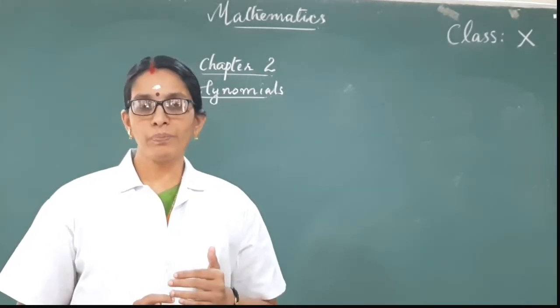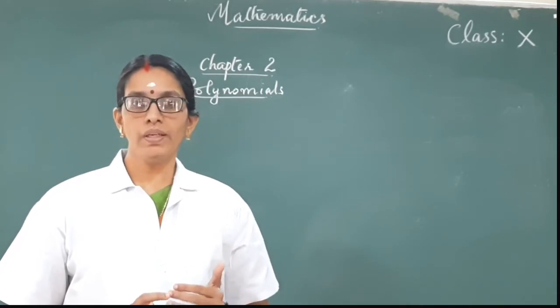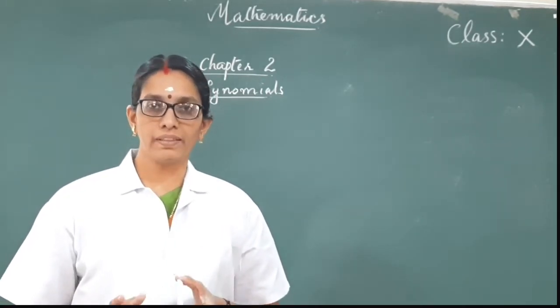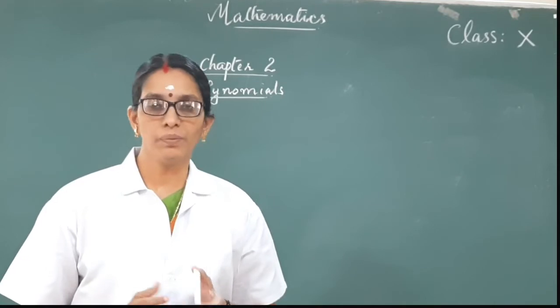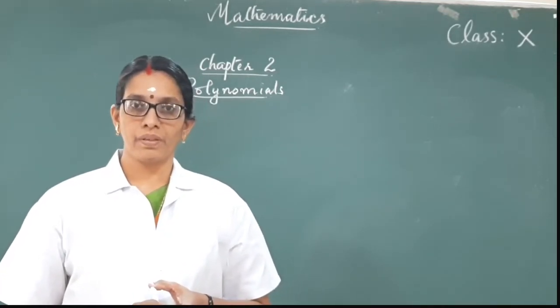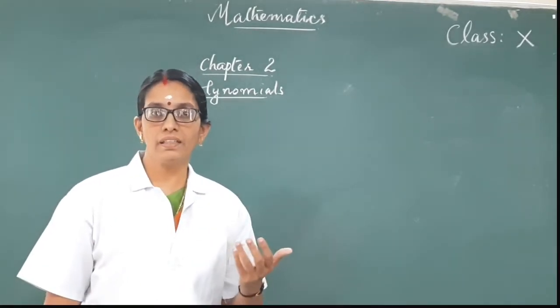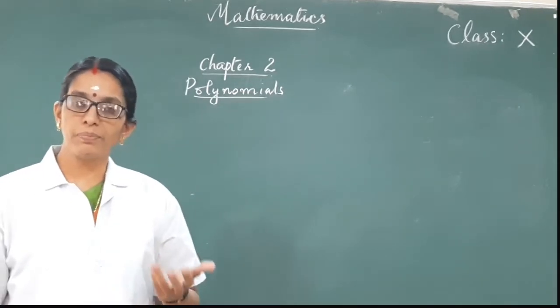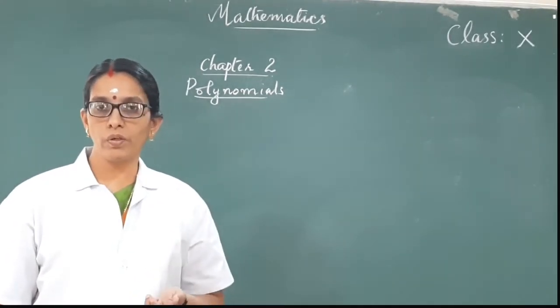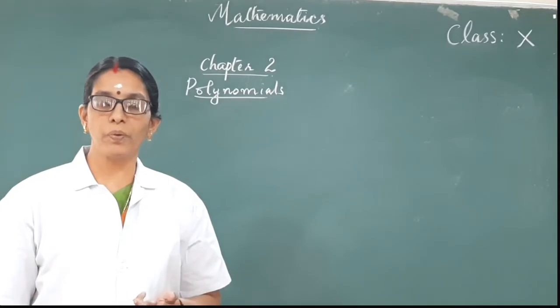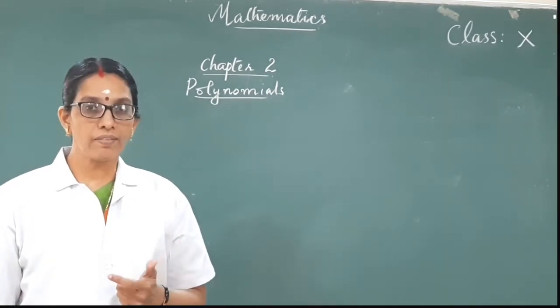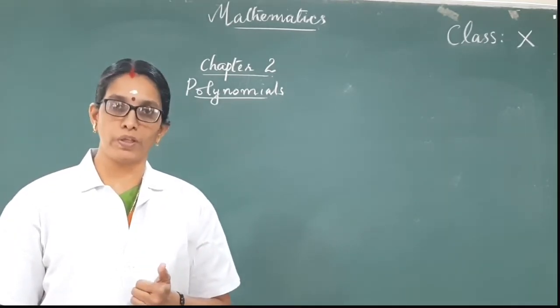Hope you all have watched the video and understood everything on basic concepts on polynomials. There you have studied what is an algebraic expression, what is a polynomial and different types of polynomials. Then you have studied zero of a polynomial.